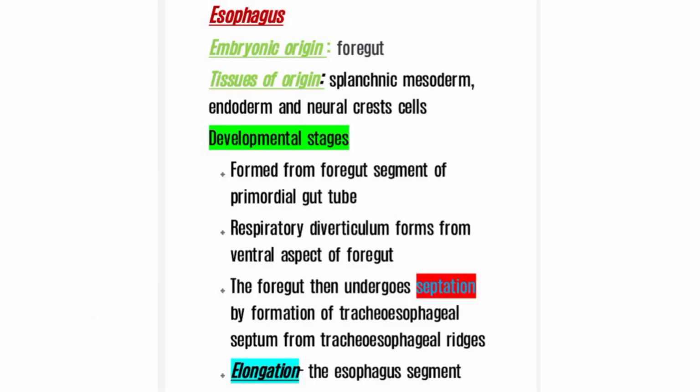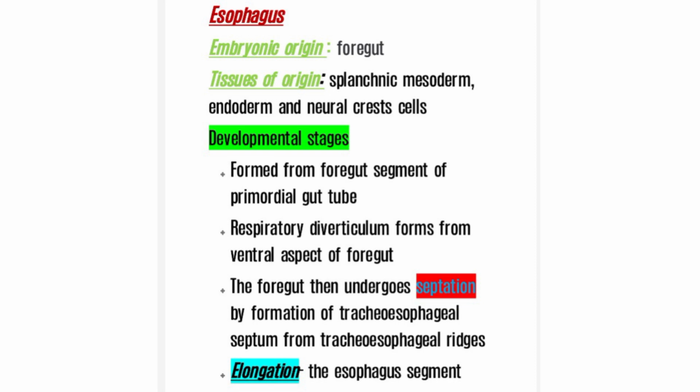So the embryonic origin is the foregut. There are three tissues of origin: splanchnic mesoderm, endoderm, and the neural crest cells. For the developmental stages, we've said that it is formed from the foregut segment. Then the respiratory diverticulum, which is formed from the ventral aspect of the foregut.